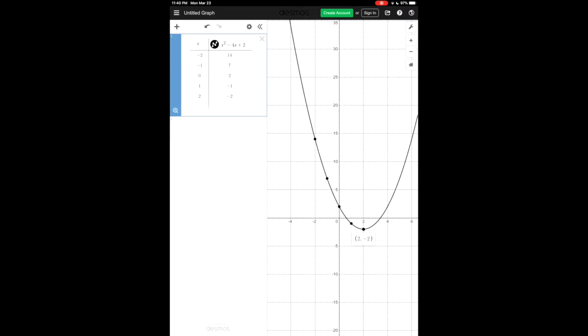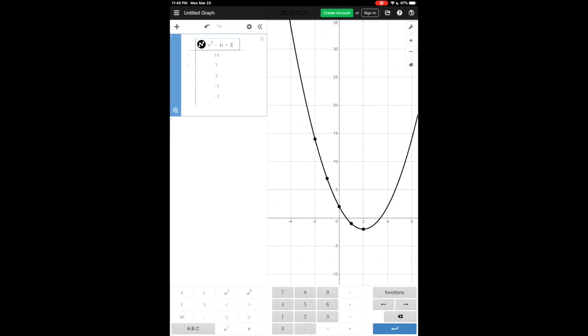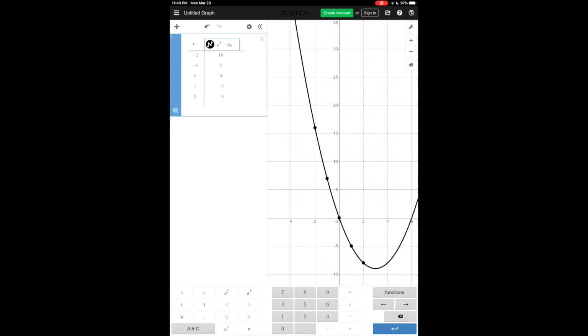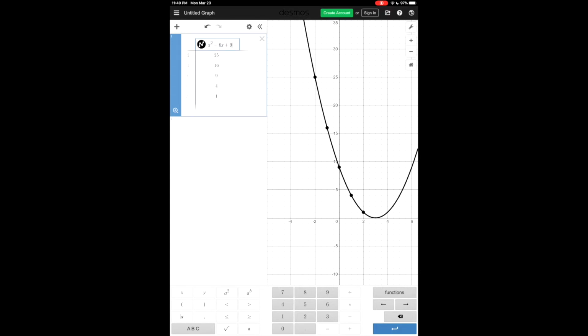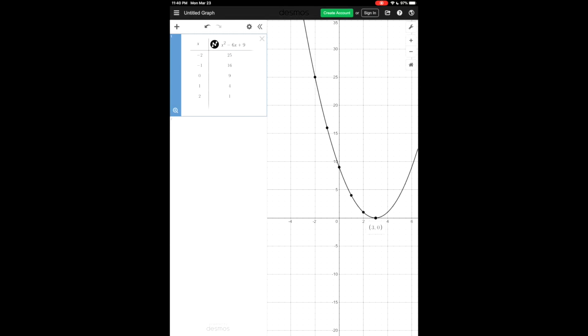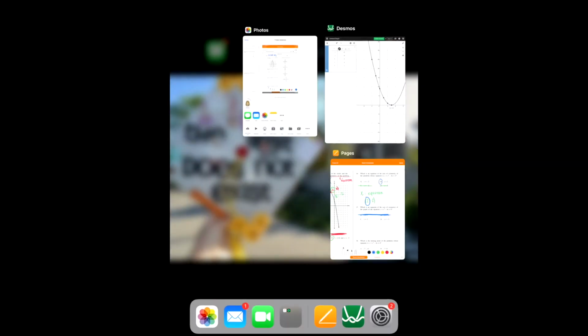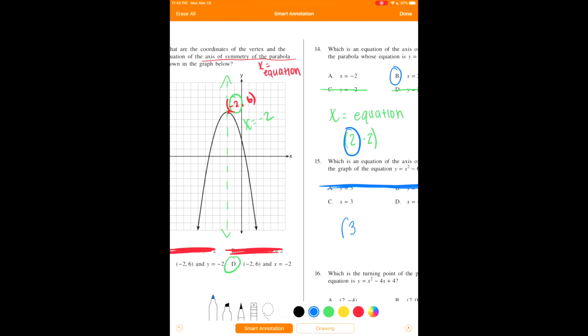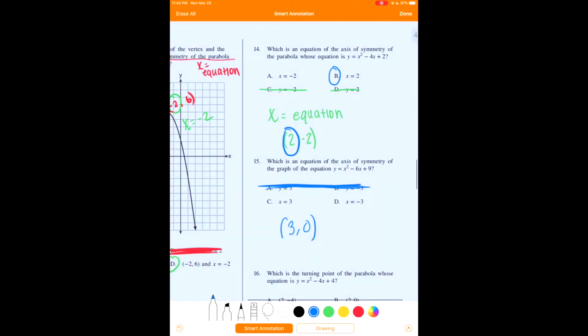I'm going into my calculator. And my vertex is 3, 0. So I'm going to steal that x coordinate. So my answer is x equals 3.